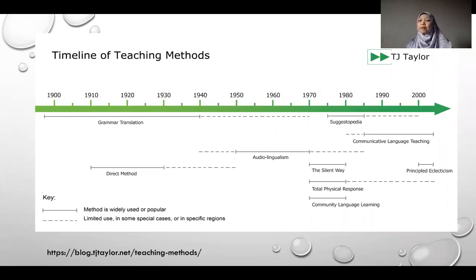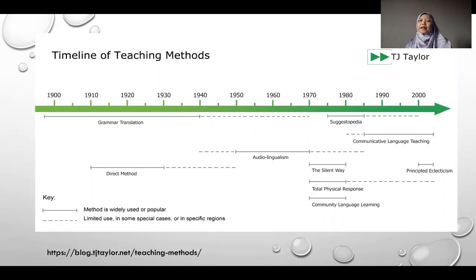First, it was grammar translation method. Grammar translation method was introduced in the late 19th century. And then in the early 20th century, there were two popular methods used, which were grammar translation method and direct method. In the midst of 20th century, we saw there was audiolingualism.